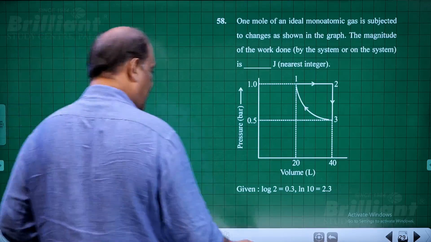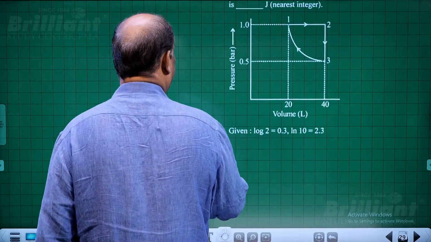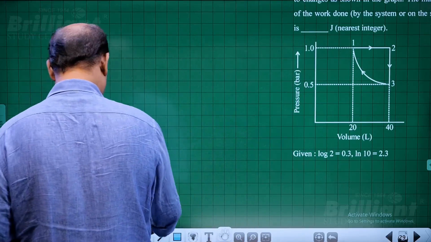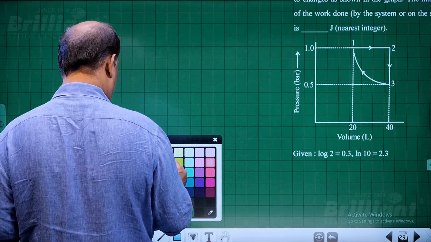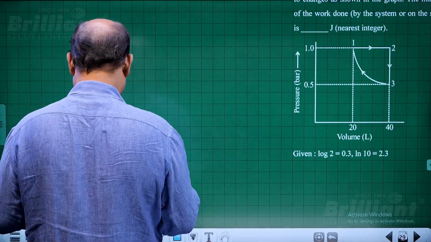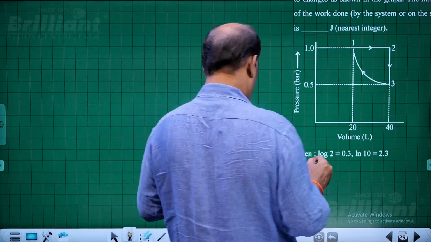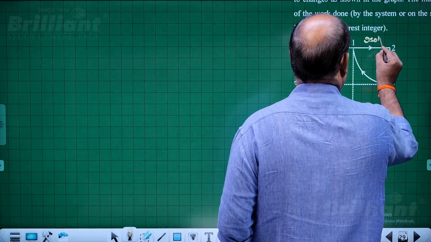Generally what we write here? See, this is 1 to 2, this is isobaric.